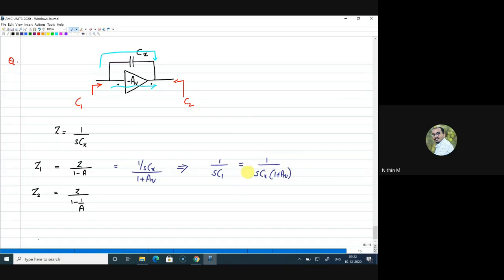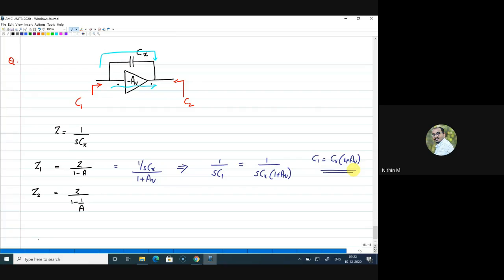Comparing LHS and RHS, C1 is equal to Cx into 1 plus AV. I hope this is clear. Yes, Manikandan, the answer is right. Yes, Rajat. Kirtana, I hope you understood what you have written. It should be without S, because we are writing the capacitance C1.